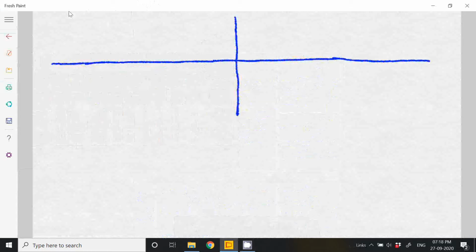Sheet pile means it is like a foundation which is in the form of a sheet. So this will be a sheet pile. To see how sheet piles look, you can search on Google. You will get different images.